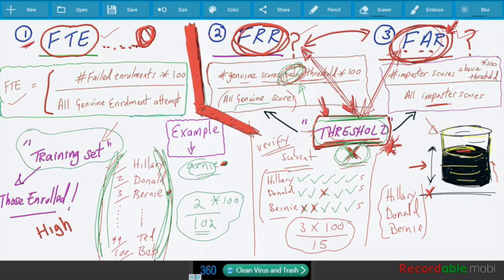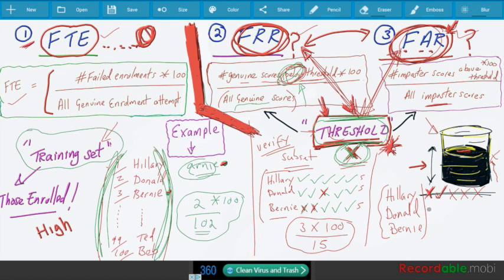Maybe it was just slightly below the threshold, so it failed. The next attempt, it's successful. And let's say the next 3 attempts were all unsuccessful. So one of the imposter Hillary attempts was successful. Now let's move on to Donald.